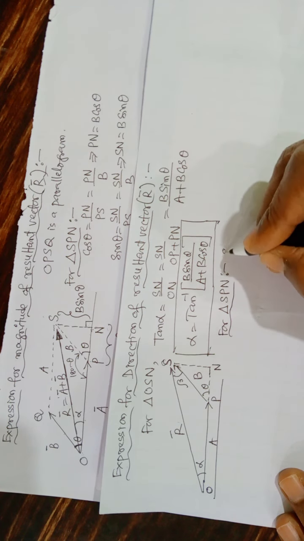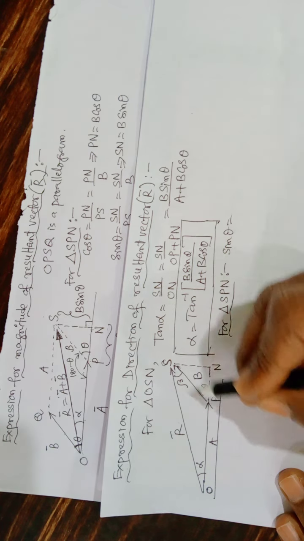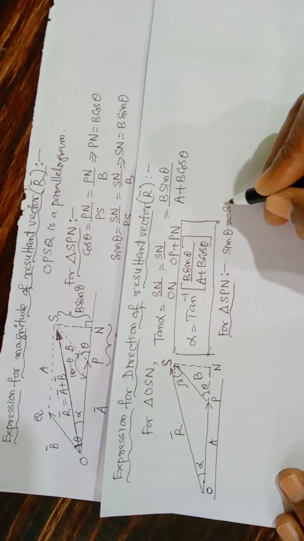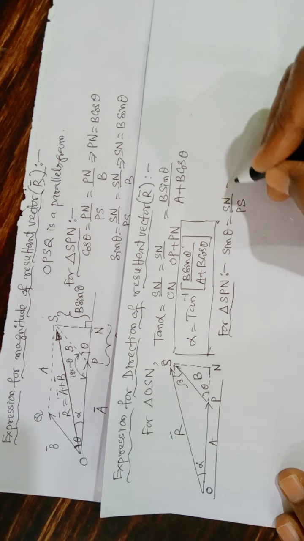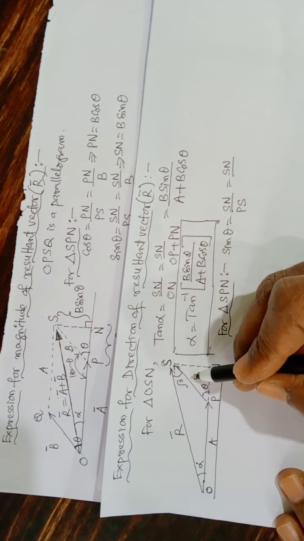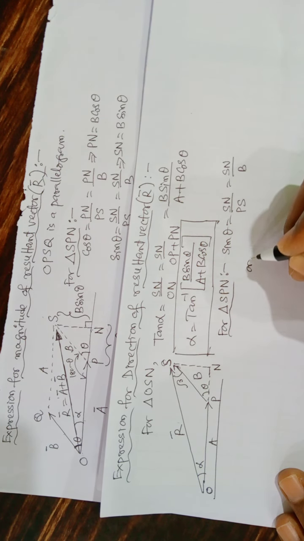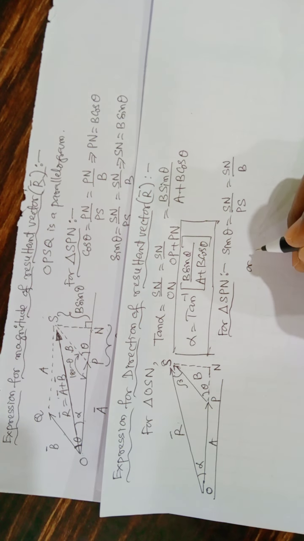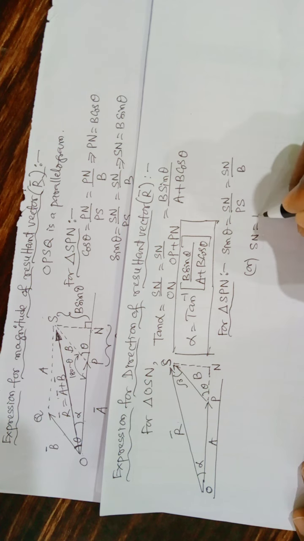Therefore, let me write sin theta is equal to opposite by hypotenuse, SN by PS, and PS means B. So SN is equal to B sin theta.